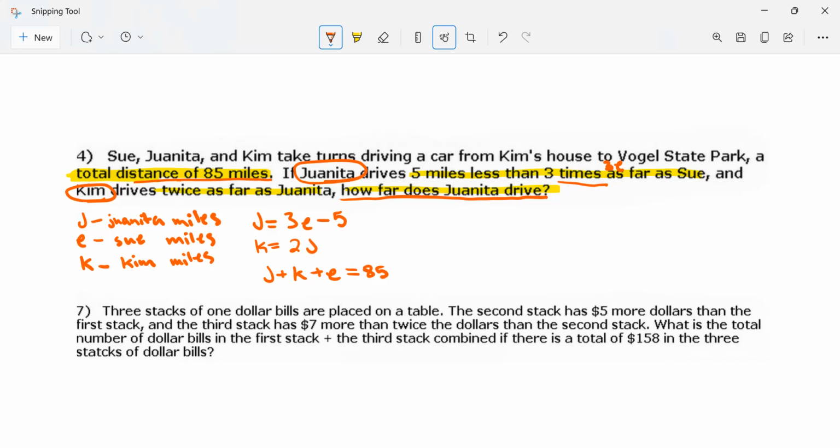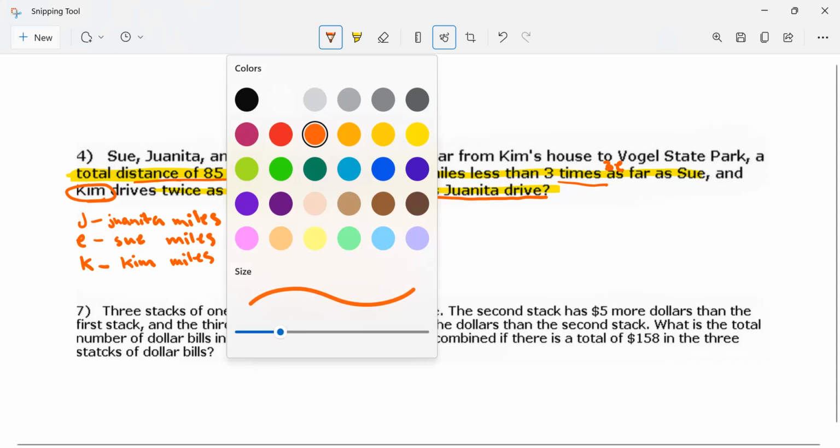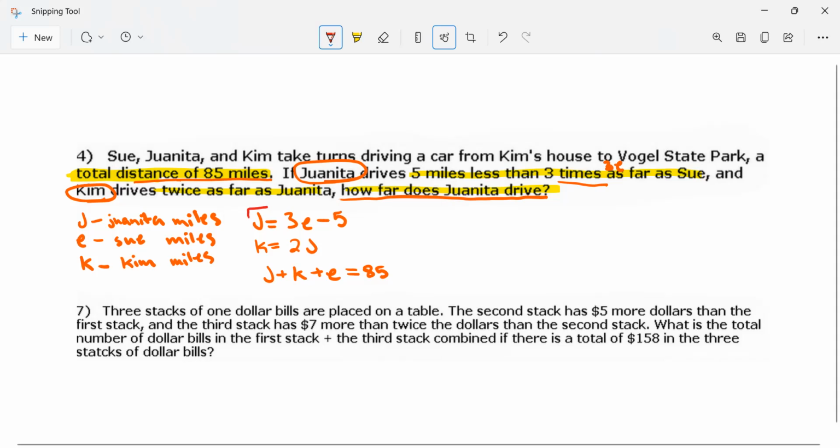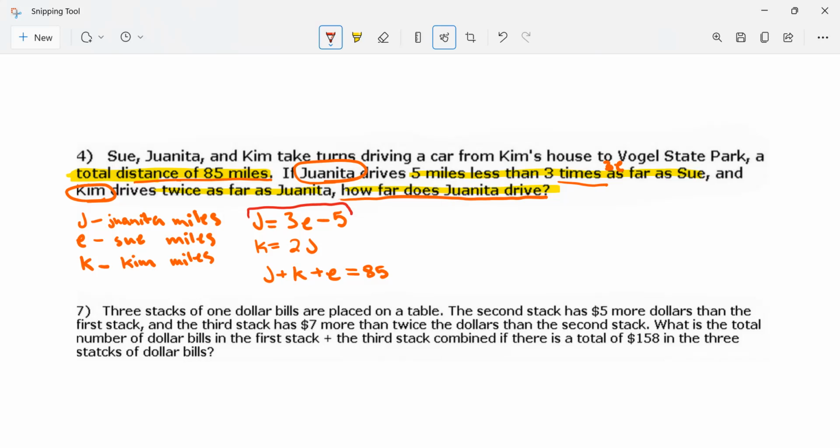Now we can substitute this so that we only have E's in the equation. So we're going to get rid of J and K. And the way we're going to do that is by using this equation right here. So J is going to become 3E minus 5.